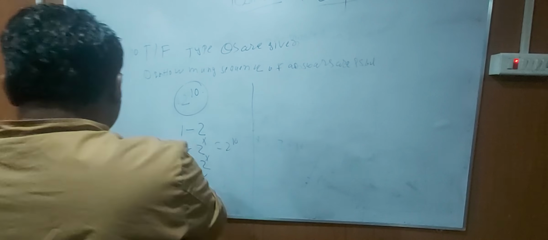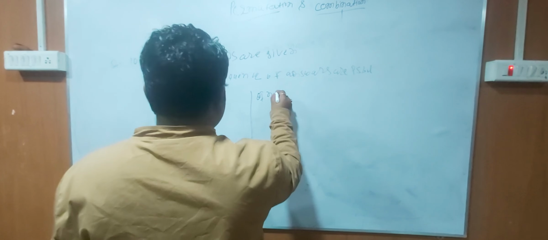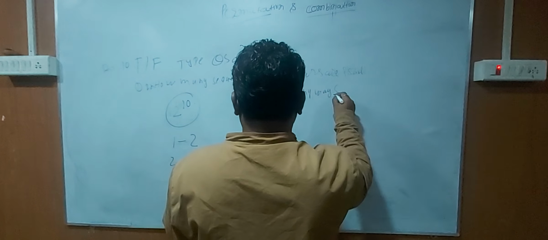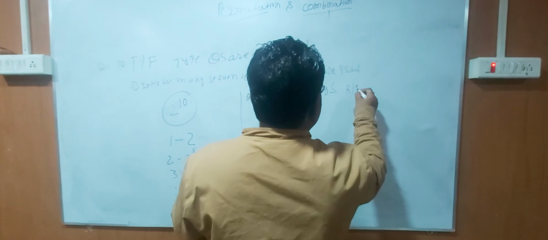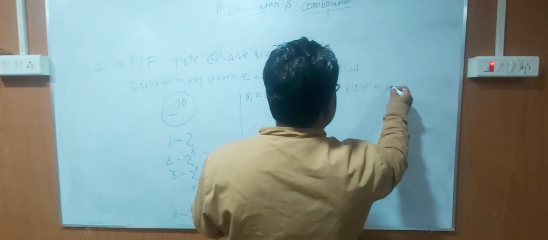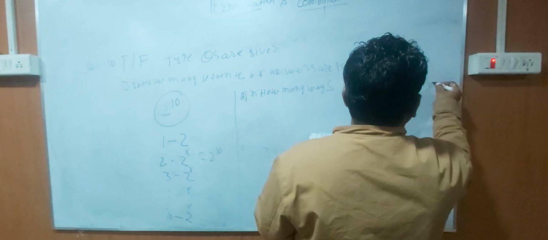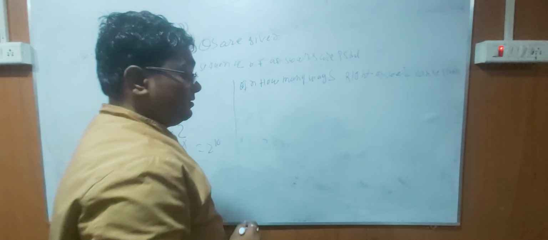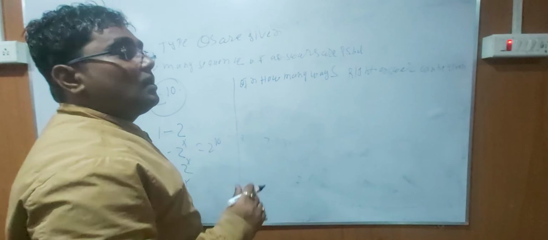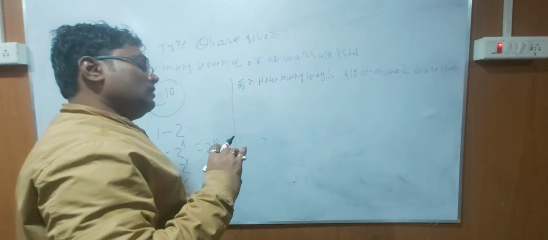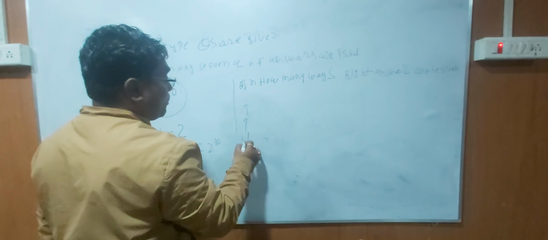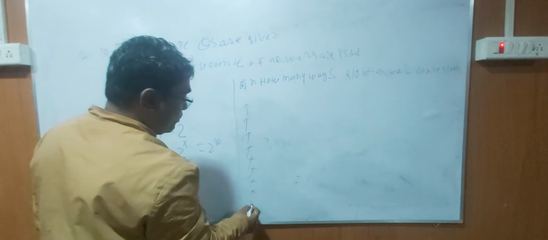Next question is, in how many ways can the right answer be given? Right answer means all the 10 questions have true, true, true, true, true, true, true, true, true, true.